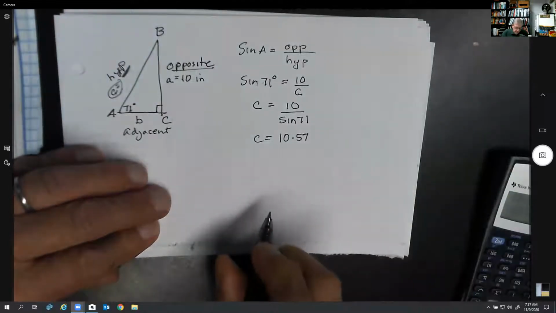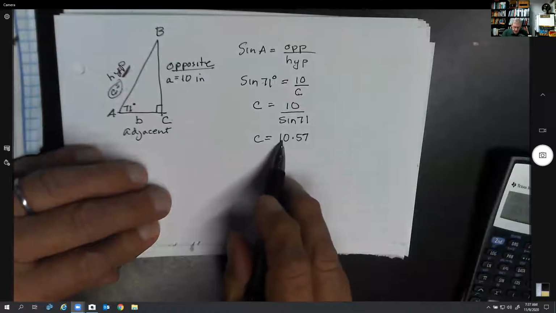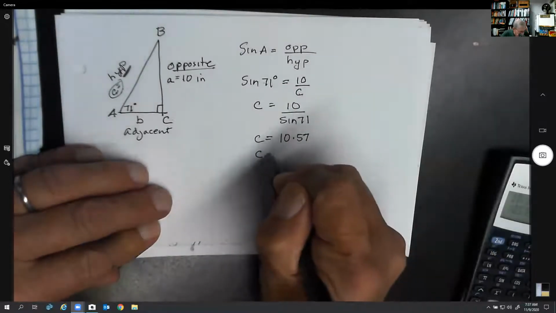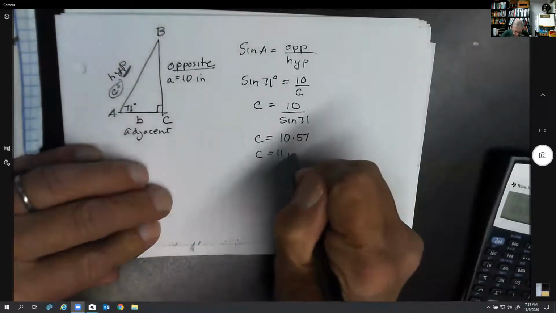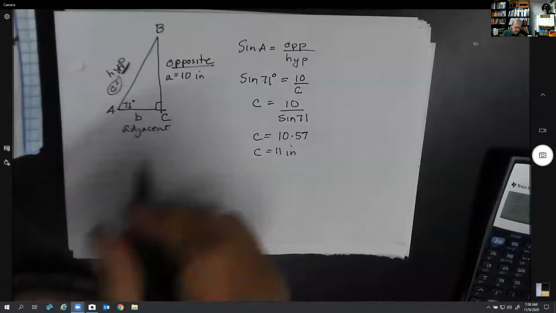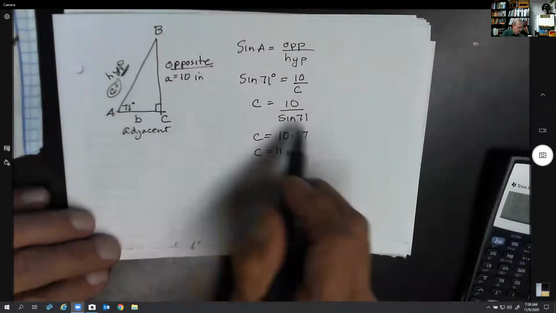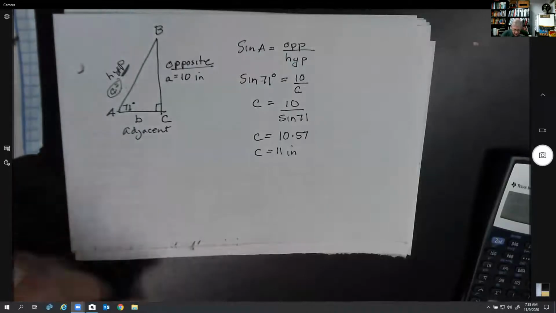So the hypotenuse on this one, let's round it up because this is a pretty big number. C is 11 inches. Since this was a whole number, I'd probably use this. On this one, however, the instructions said to round to the nearest tenth.